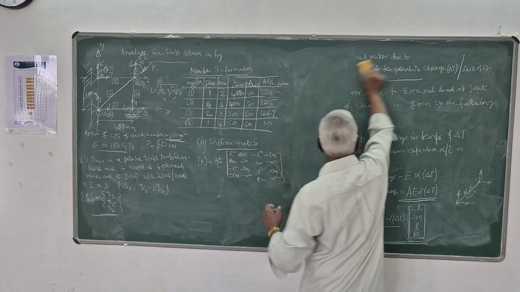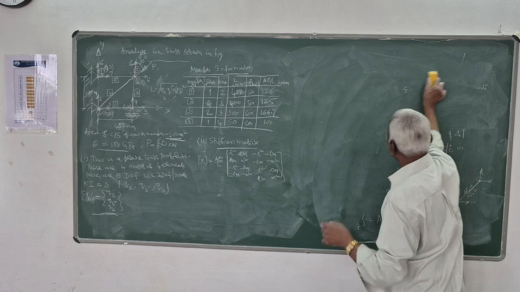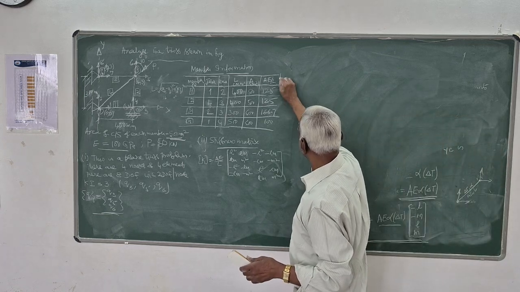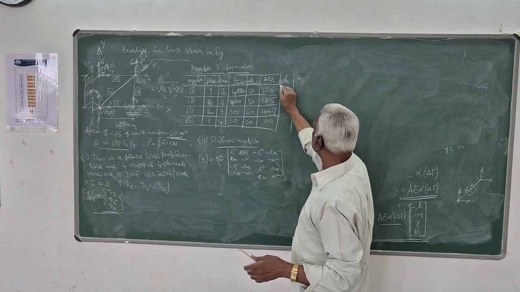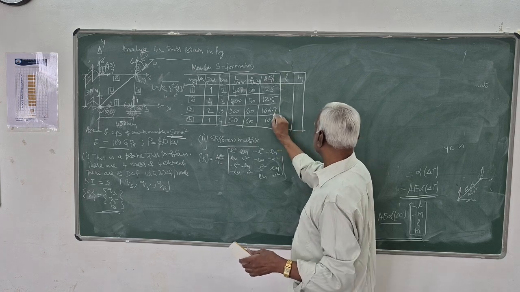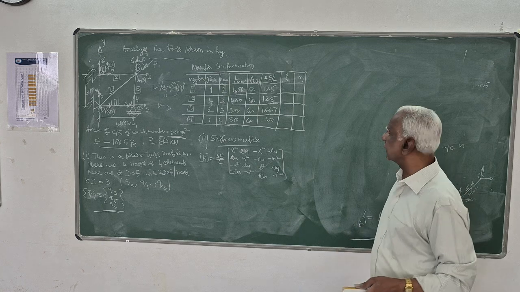You determine for each member in the table L and M, so that you can compute it easily. The member information, direction cosines also you can determine.